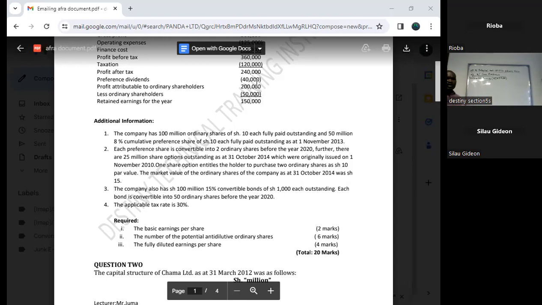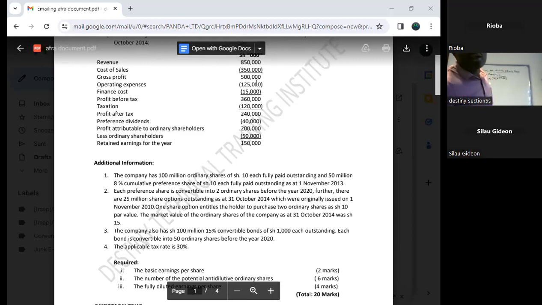What do you get? I think you should check preference dividends in the P&L somewhere there. I'm seeing 40, but do confirm. Is 8% of 500,000 giving us 40? Check to confirm. Yes, thank you. So this is 40.